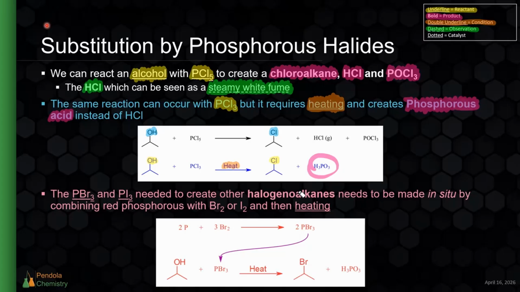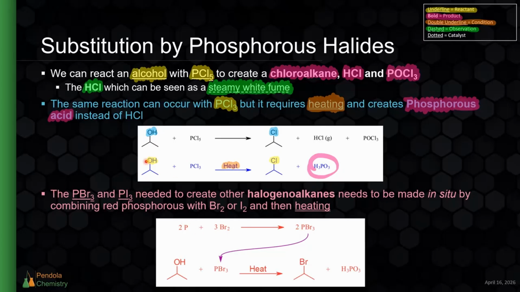Now, if we're going to use anything other than chlorides here, we can undergo this reaction with PCl3 if we heat up the condition. But we could also use the same kind of compound for other halogens, like bromine and iodine.